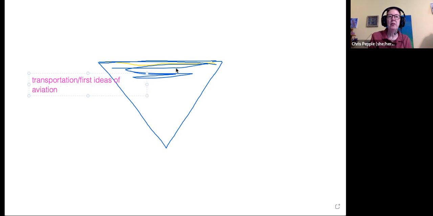This wide part of the upside down triangle talks about how people used to get around before airplanes. How hard was it to get across oceans, across countries? Talk about some of the first long distance transportation. I'm just giving you some ideas that you can go in. Then you start moving into the first ideas of aviation. The upside down triangle is narrowing.